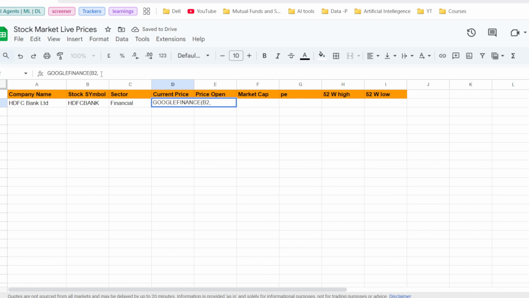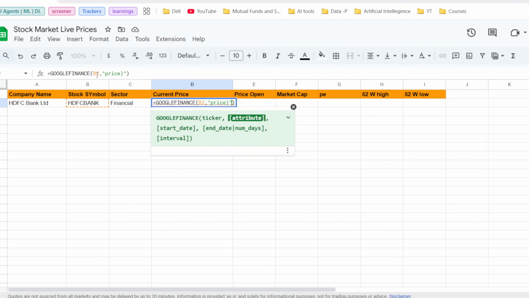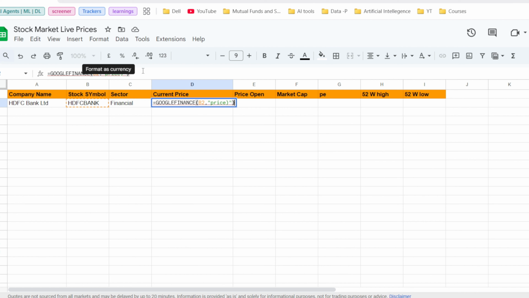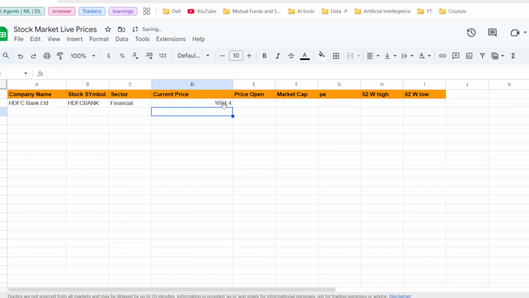So now give price. Yeah. So guys, you can see we got the current price of this HDFC Bank.